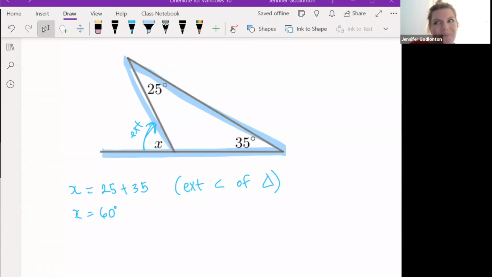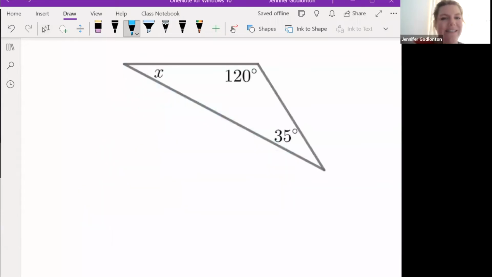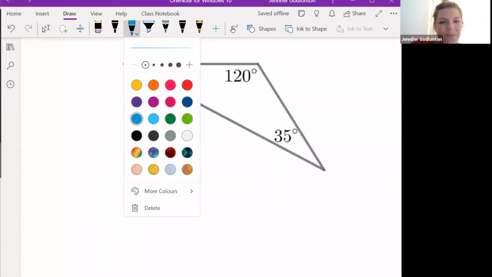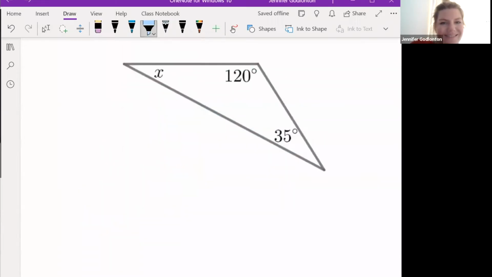Okay, let's see. I'm looking for what X is in this situation. Do you think you can help? I think so. Tell me what you think I should do.